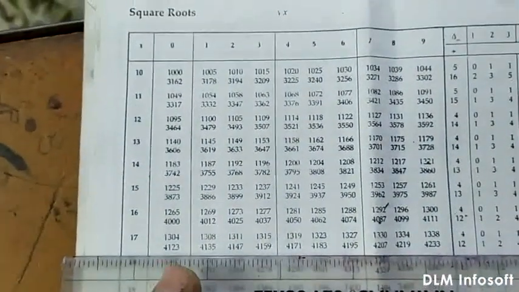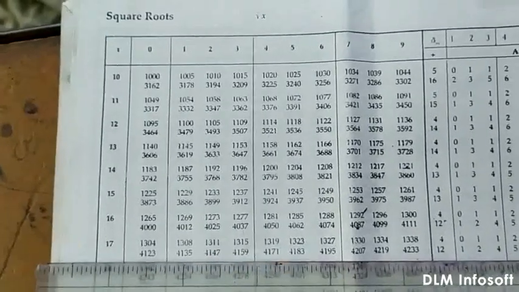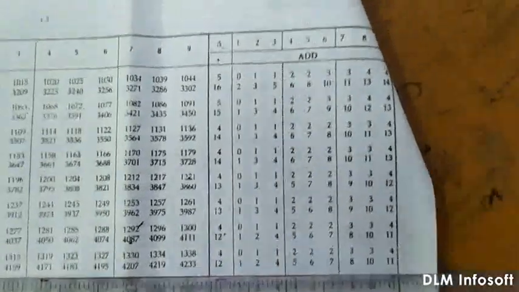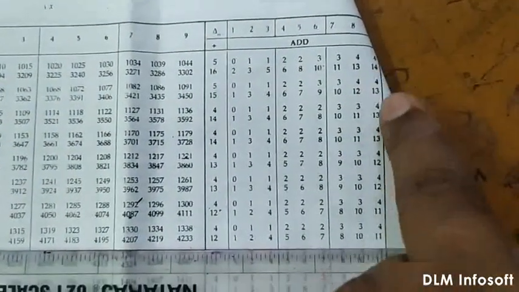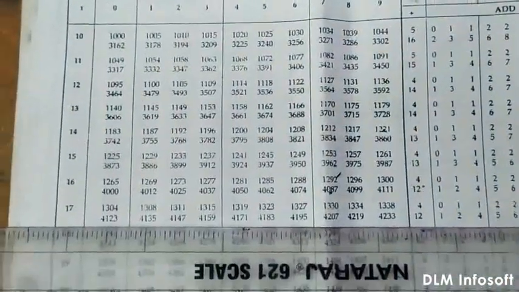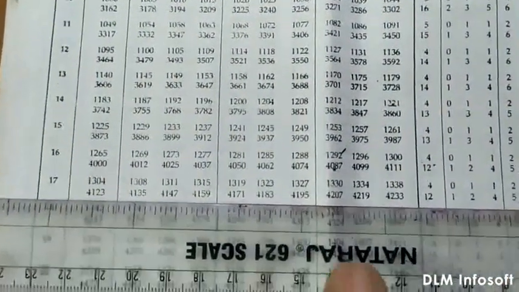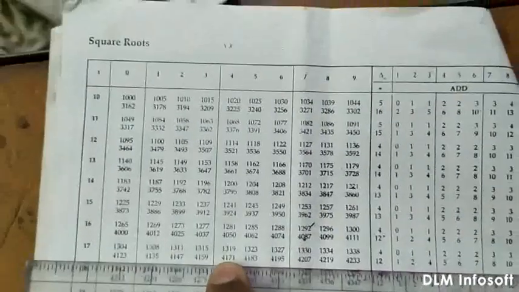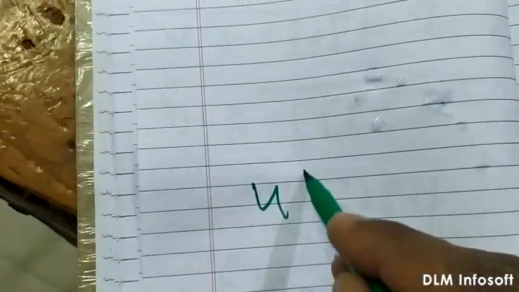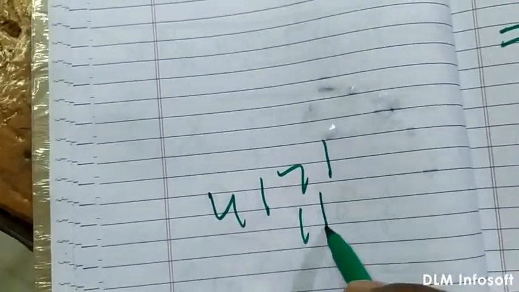So you see here. It is 0, 1, 2, 3, 4. 4171. And what is the difference? The difference is here below the fourth, it is 11. So it is 4171 and 11. So you write down here 4171 and 11.